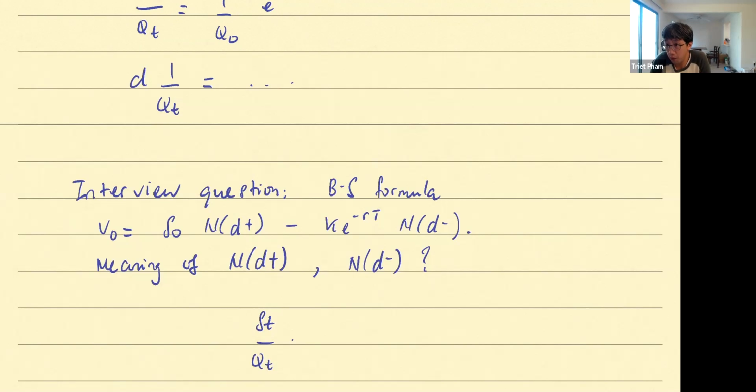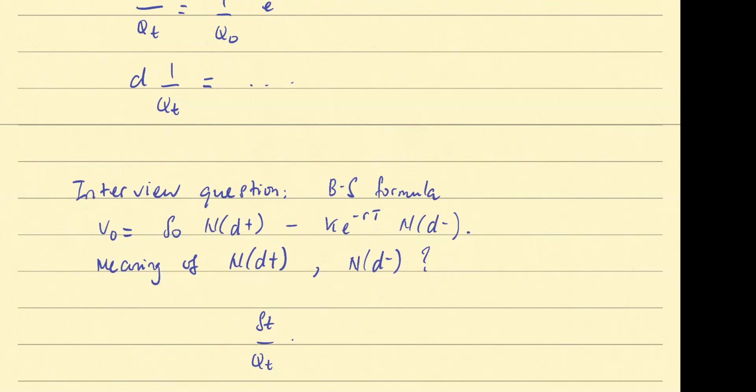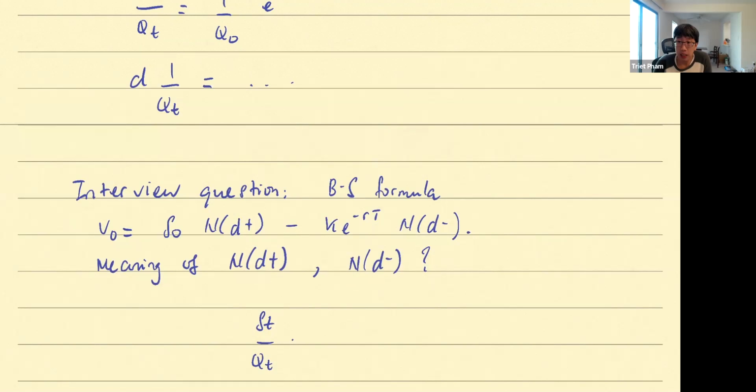It's a probability, we agree on that. Probability of what event? Does anyone know? And why? Of course, the interviewer would be interested in you explaining why that's the case.